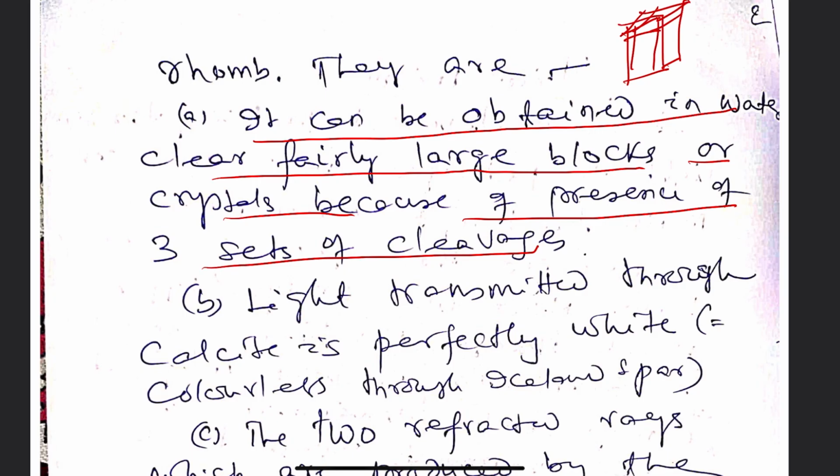They are not at right angles, because of which they produce rhomb-shaped faces. That's why the blocks of calcite which are obtained are said to be rhombic pieces.